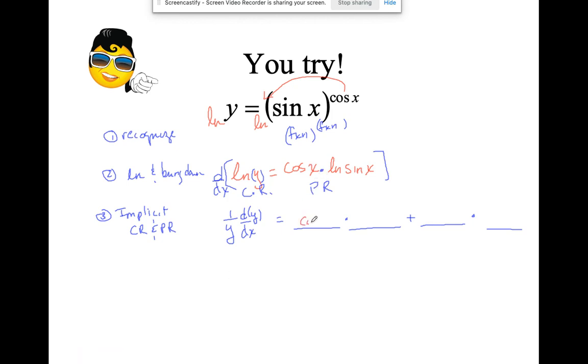The first function times the derivative of ln of stuff, 1 over the stuff times the derivative of the stuff, plus the second function times the derivative of the first.